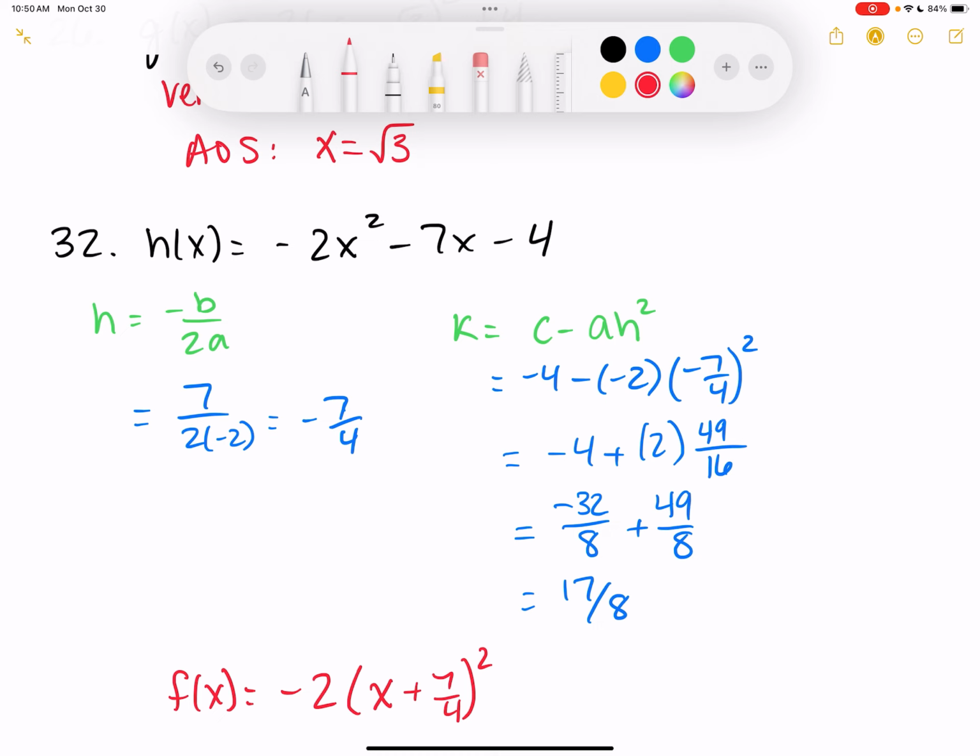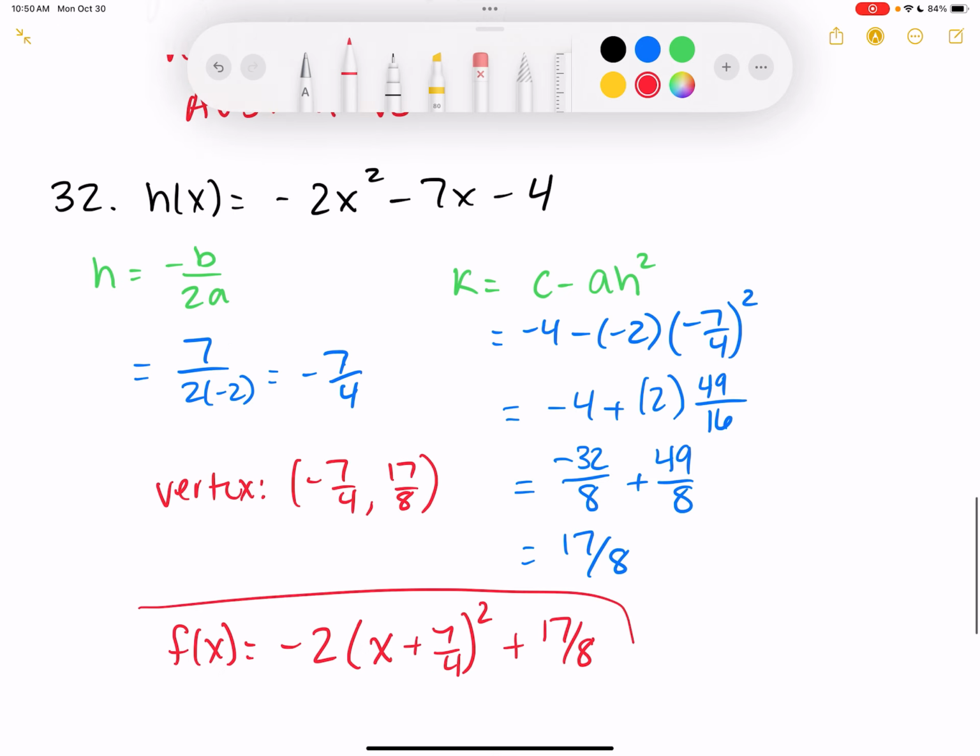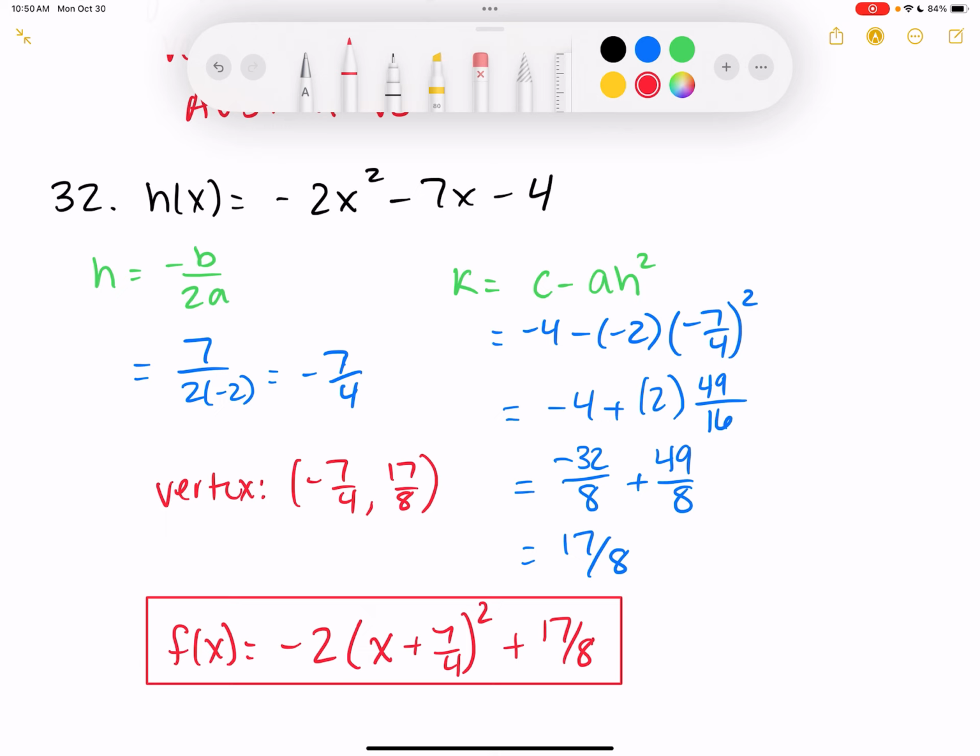Same sign, plus 17 over 8, because my vertex was at negative 7 over 4 and 17 over 8. So that one is just a work backwards. Make sure you know those formulas for h and k to be able to do those problems.